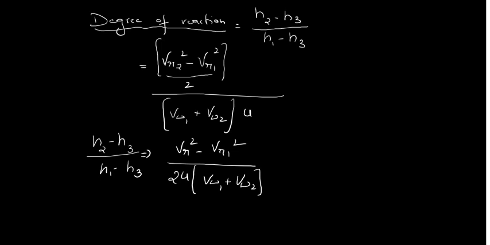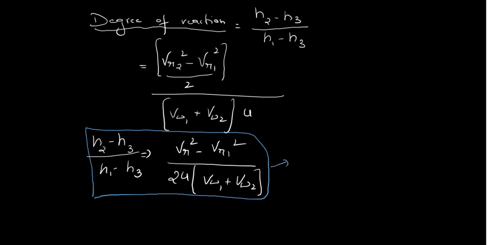See that? You remember this entire relation, H2 minus H3 divided by H1 minus H3, is nothing but the expression for degree of reaction. Is this clear to everyone now?